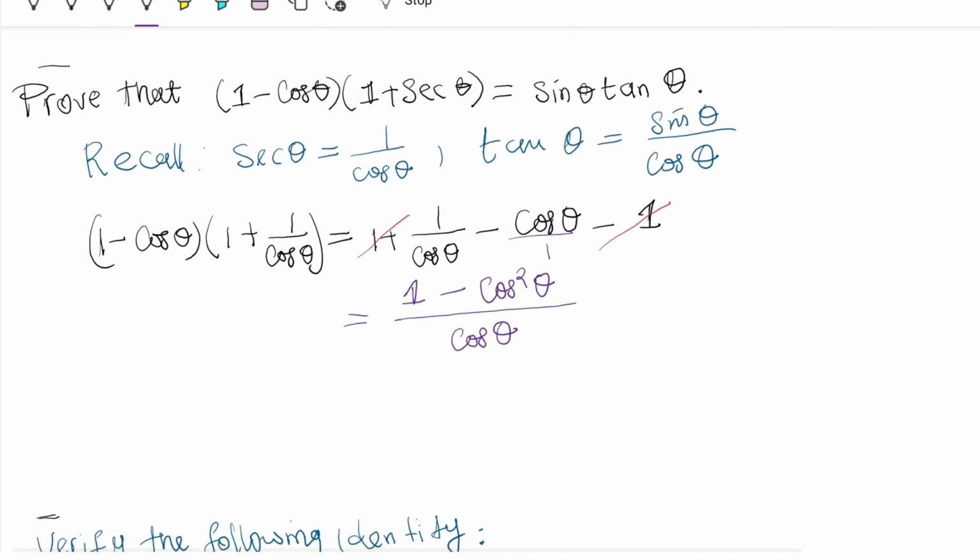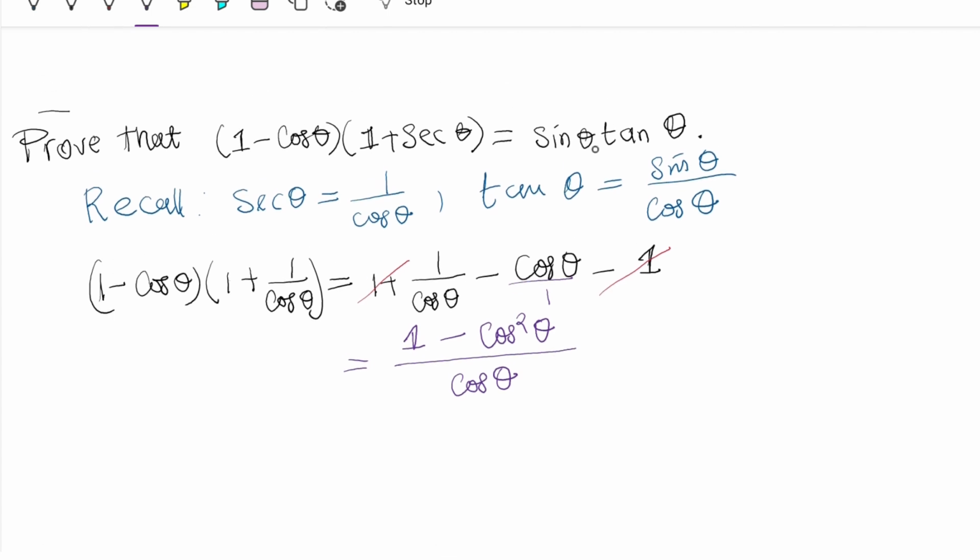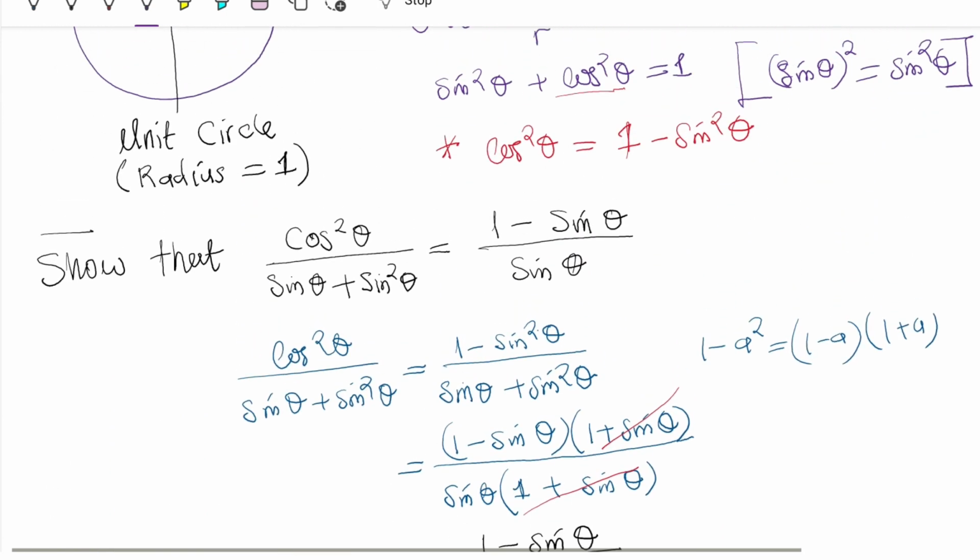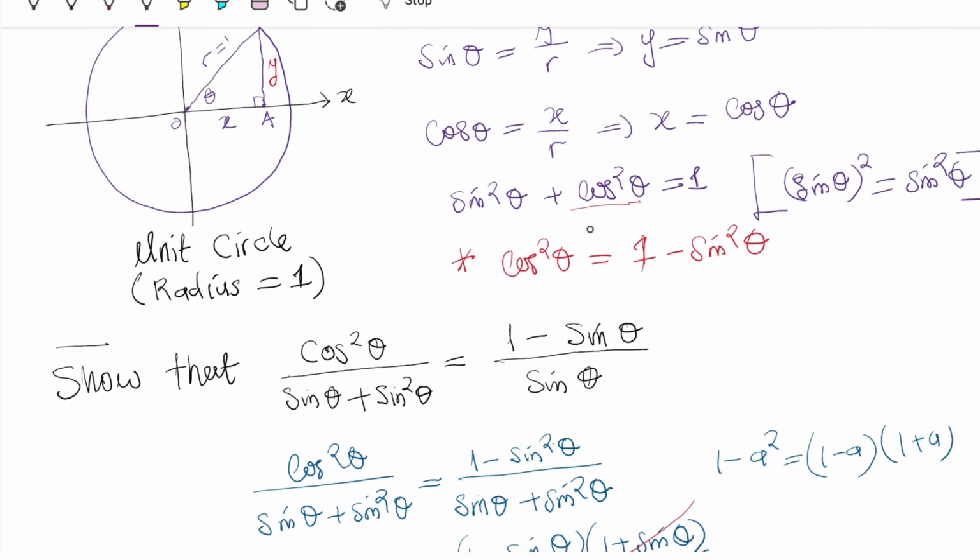Next, remember we want sine theta multiplied by tan theta. So I should be able to see a sine somewhere and maybe sine over cos. But what is 1 minus cos squared theta? Okay, we have sine squared theta here. We just make it the subject.